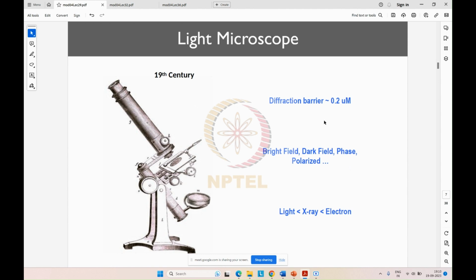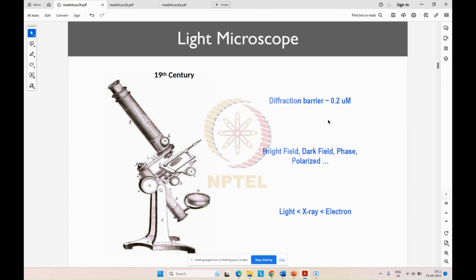A bright field is when you try to illuminate the object, and depending upon what light passes through and what does not, you get a black and white image of sorts. Dark field is sort of an opposite of bright field.